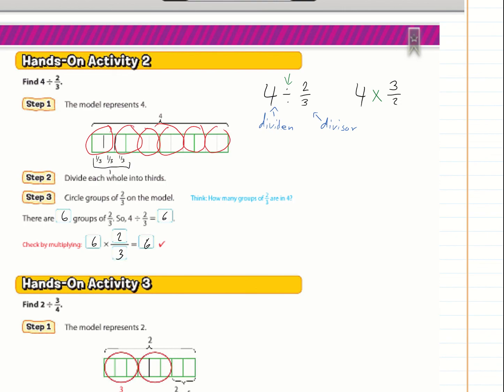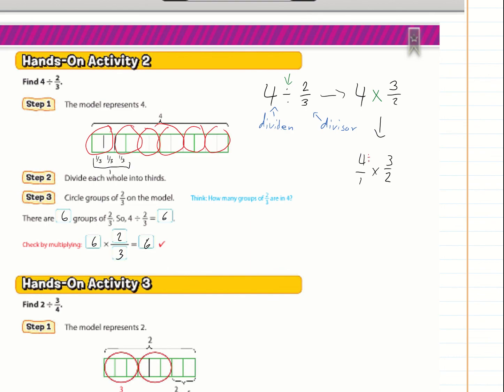Okay, so I'm going to restate everything again. You take your divisor and you flip it, so 2/3 becomes 3/2. Your division symbol is going to change into a multiplication sign. And now the rest is review. So I can do 4/1 times 3/2.